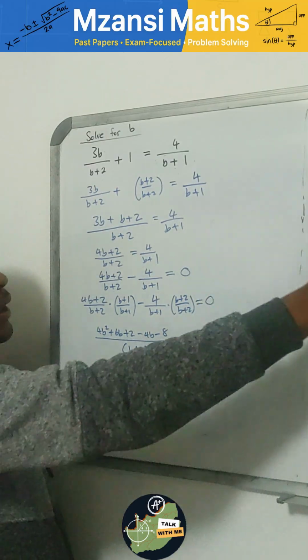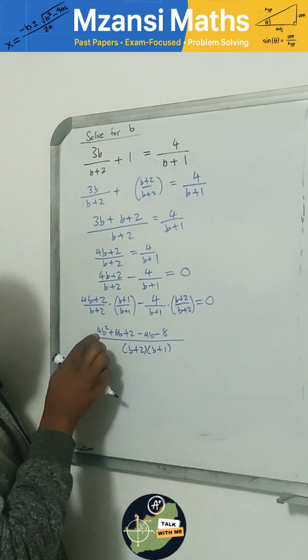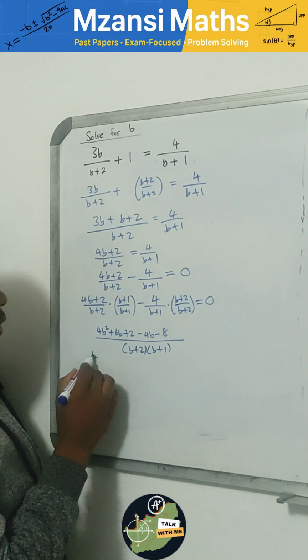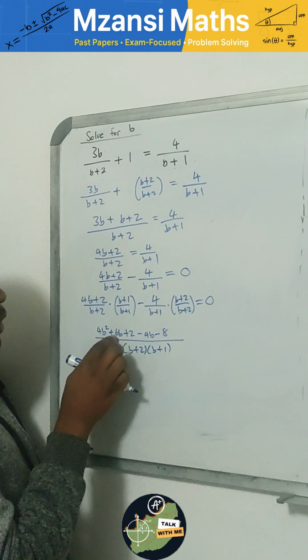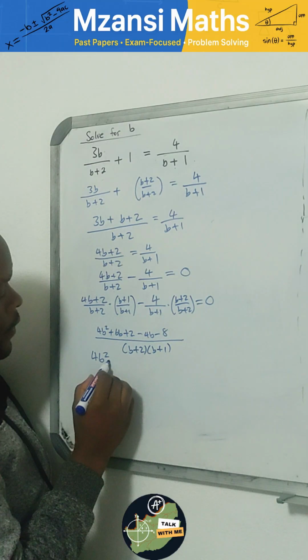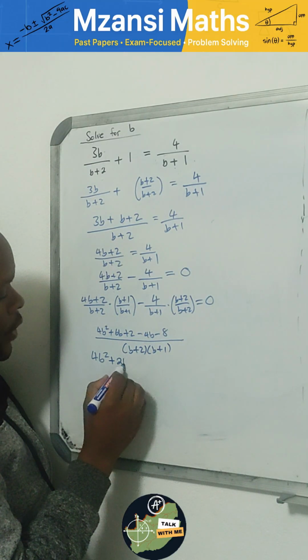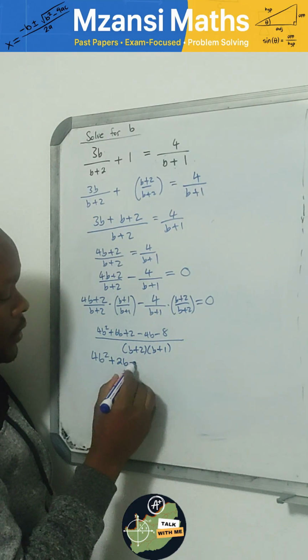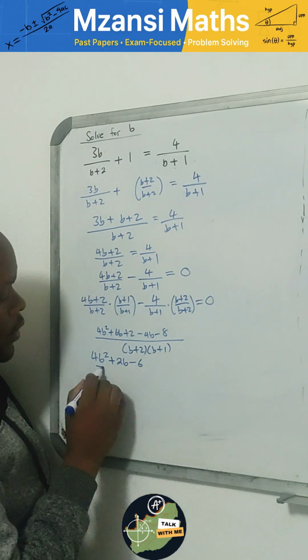Moving on, 4b squared. 6b minus 4b is 2b. We'll have 2b. 2 minus 8 is minus 6, right?